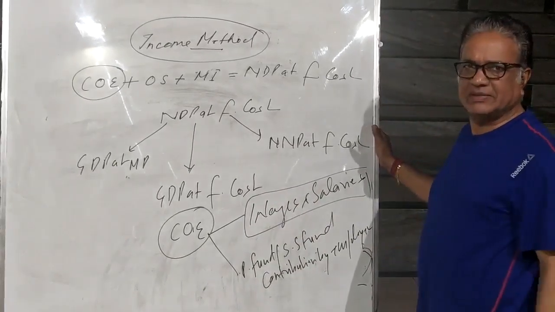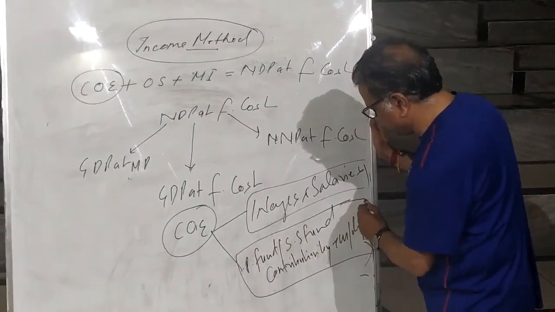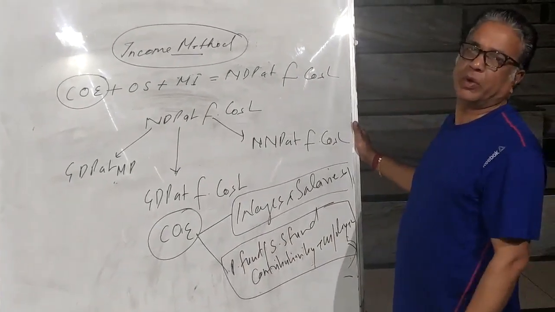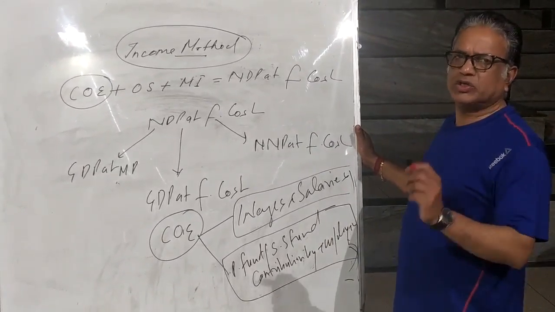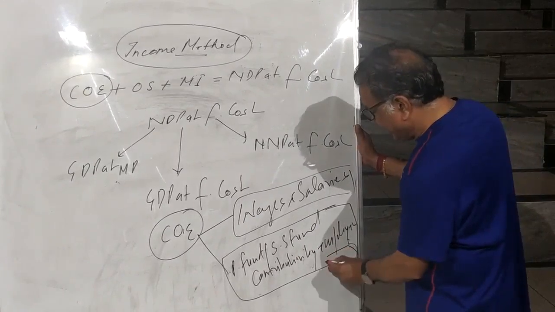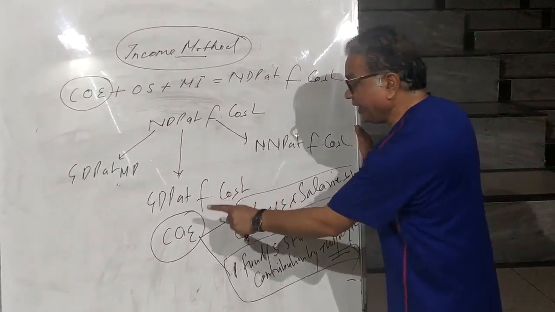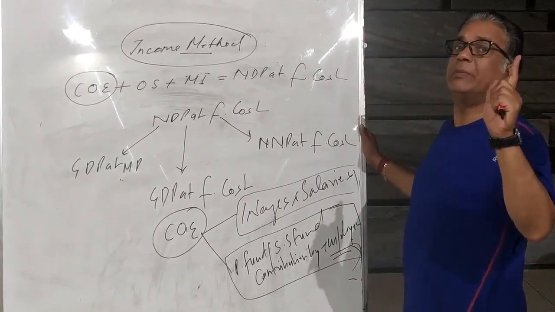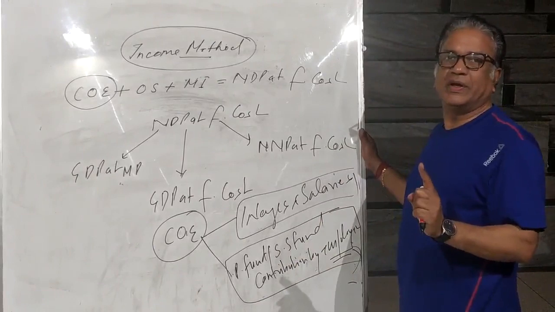Take the wages and salaries among the items, and then look into the provident fund contribution or social security contribution by the employer. But here you are supposed to be very careful, because in many questions, as a twister, you will be given this contribution by the employees. Don't add it, because COE includes only the payment made by the employer. So you should read the items very carefully.